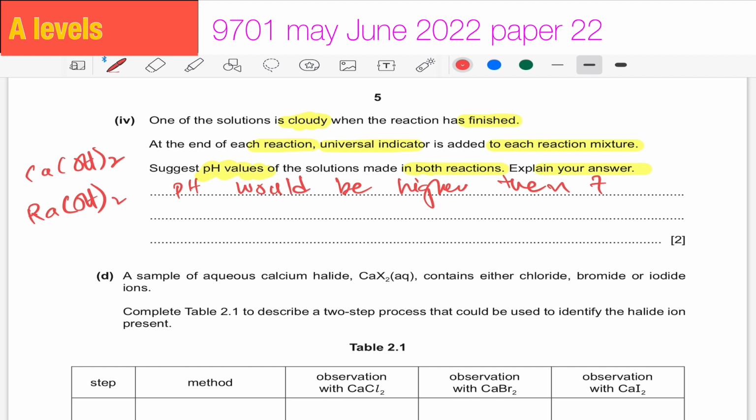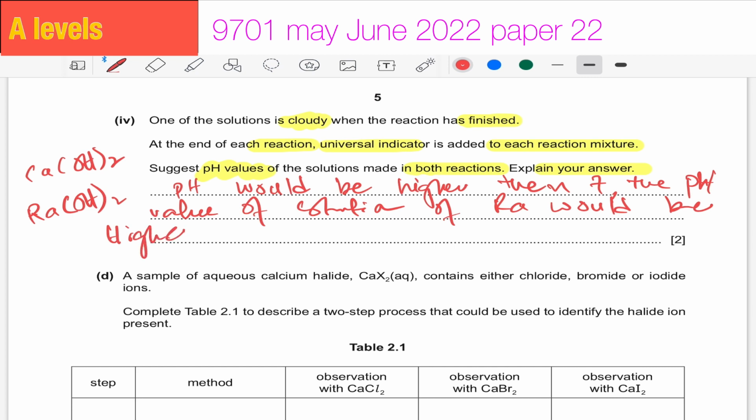And the pH value of the solution of radium would be higher, as it would be a strong alkali.